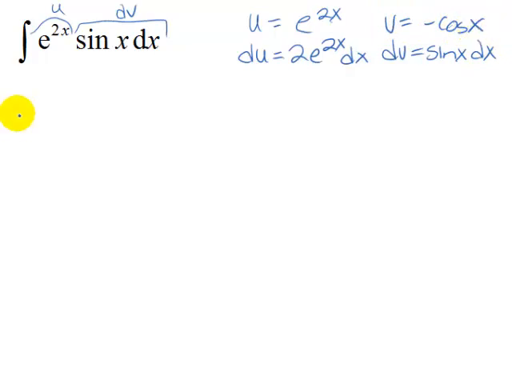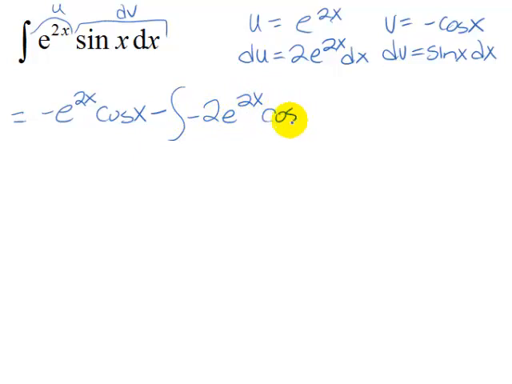Now applying the integration by parts formula, that equals uv, so that's going to be negative e to the 2x cosine x minus the integral of v du, so that's going to be negative 2e to the 2x cosine x dx. We're going to apply integration by parts one more time.